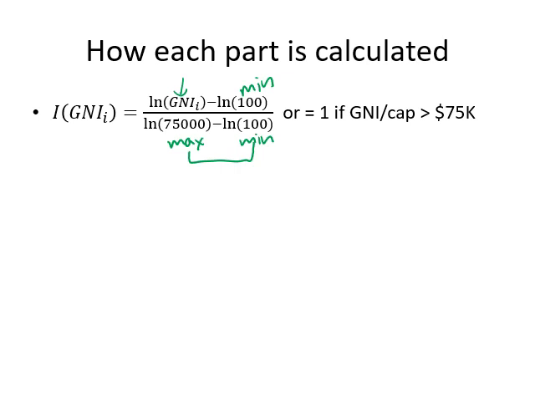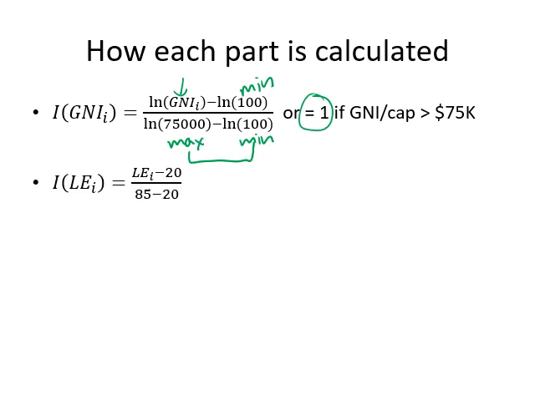So if the GNI per capita is over 75,000, they just give them 1. Otherwise, this will be between 0 and 1. As long as it's above 100, it'll be above 0, and if it hits 75, it'll go to 1. If it goes above 75, they don't bother calculating it. They just give it a 1. It gives you an idea of what percentage of the goal you have.